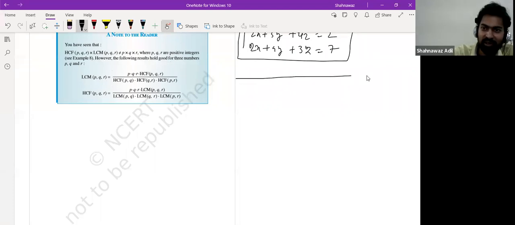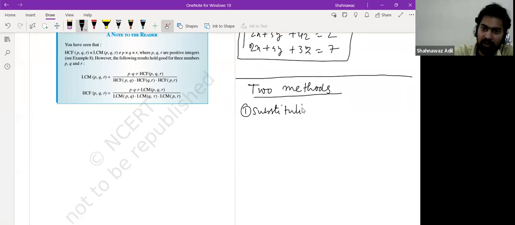Okay, sir. So I'm just giving you glimpses of what will be in your third chapter. So there are two methods. One method is the substitution method, and the other one is the cross multiplication method.